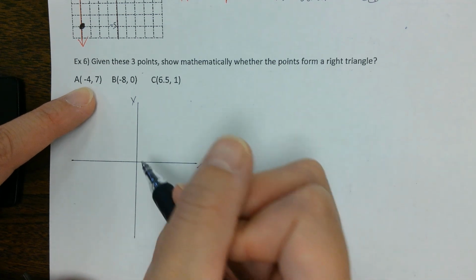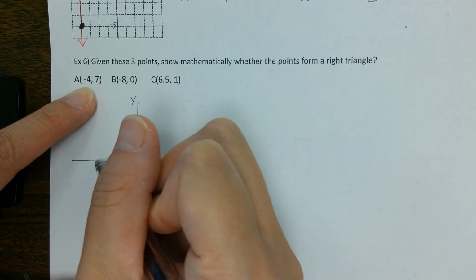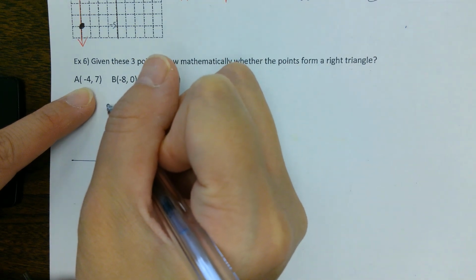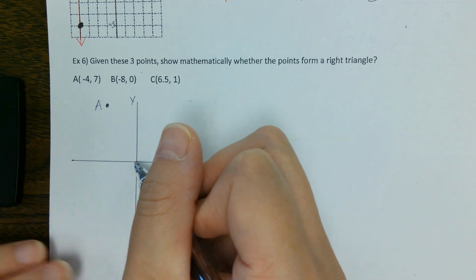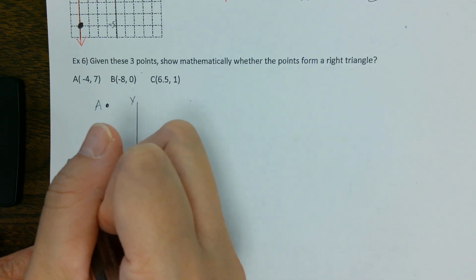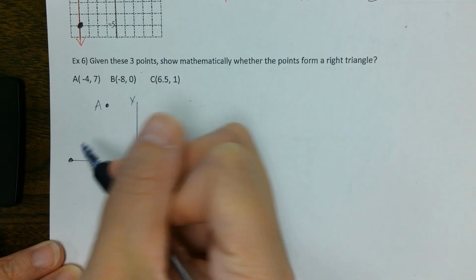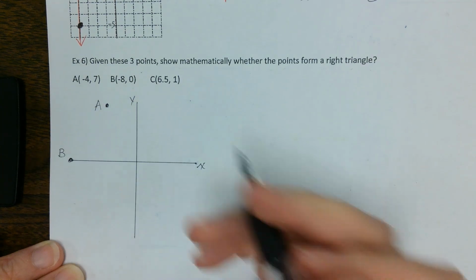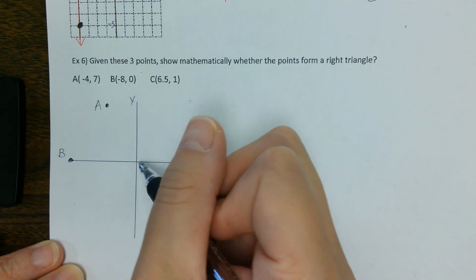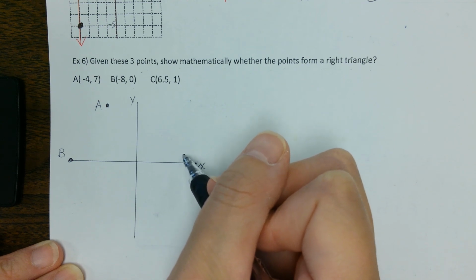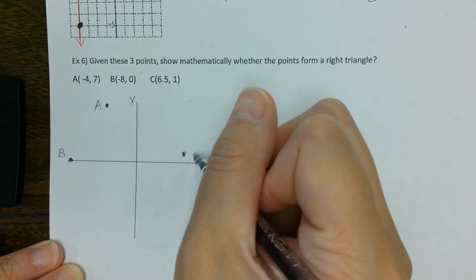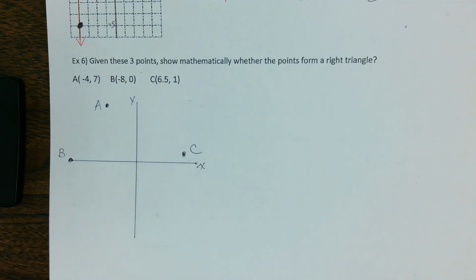Thank you. -4, 7. So -4, 7 up here. This is point A. -8 and 0. So about right here. This is point B. And then 6.5 and 1. 6.5 and 1. Alright, so this is point C.